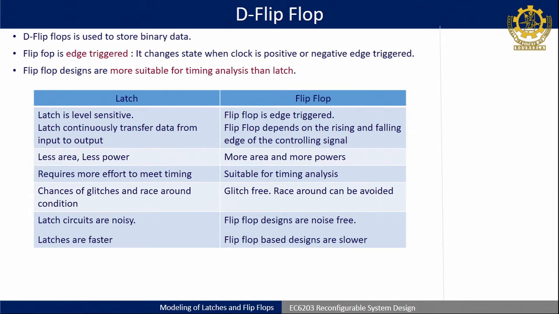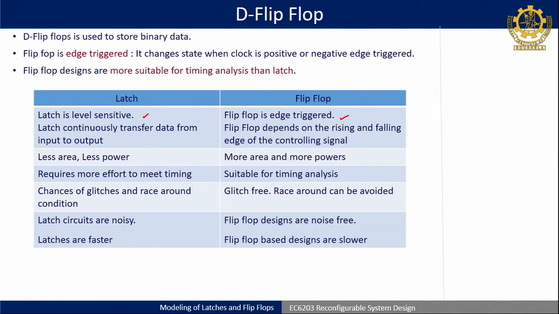Okay. So, to have a comparison between latch and flip flop, latches are level sensitive, that we know, whereas flip flops are edge triggered. That means, if there is a control input clock, and if it is positive or negative edge triggered, then only the flip flop will start storing the data. Okay. So, latches continuously transfer data from input to output.